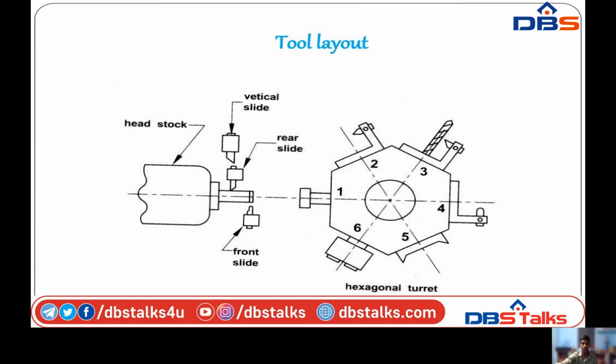That is the tool layout. In this, the second one and fifth one are parallel to each other. 3 and 6 are parallel to each other, and 1 and 4 are parallel to each other. It is the direction or position fixed relative to each other.